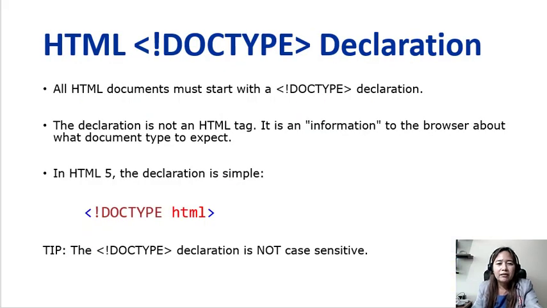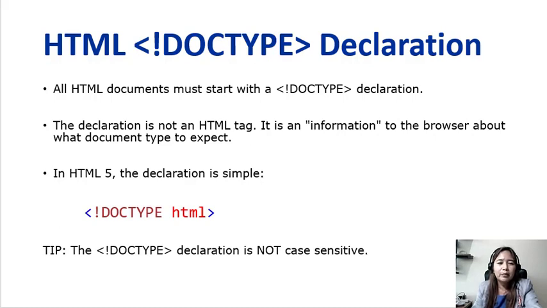Now let's go back to the example that I showed earlier. If you remember, we added the exclamation point DOCTYPE html at the beginning, or the first row, of our HTML file. All HTML documents must start with the doctype declaration. It's basically just information that tells your browser the kind of document it should expect.